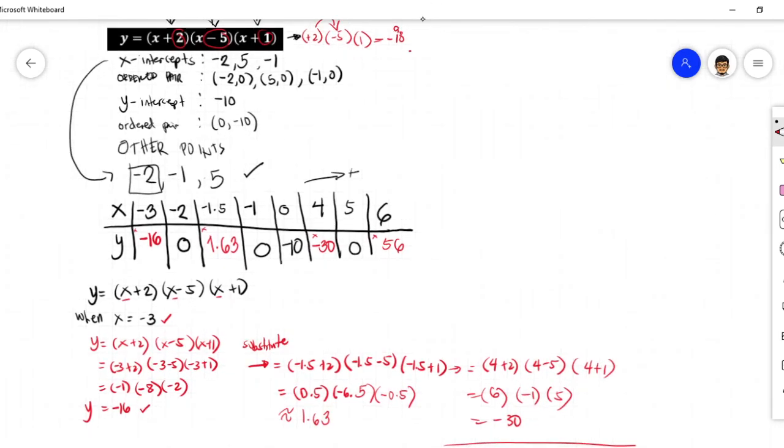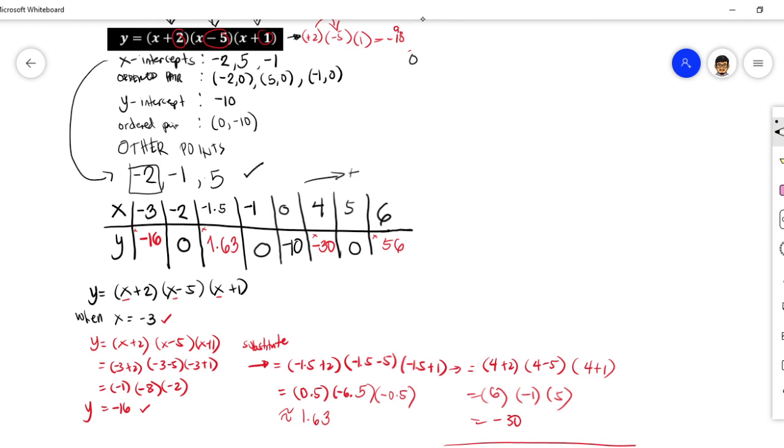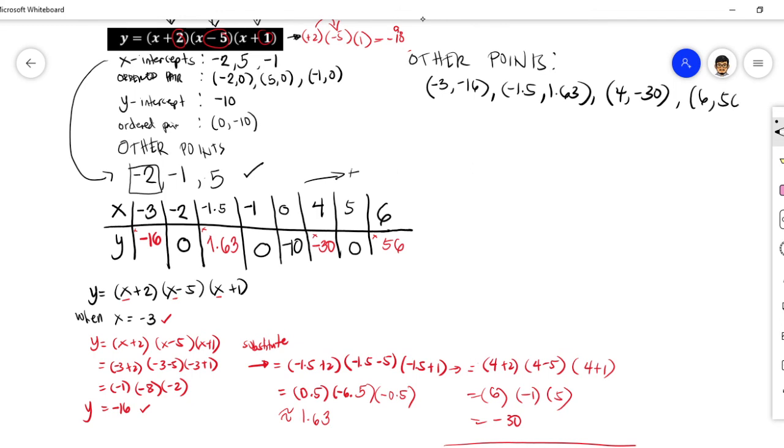Other points: negative 3, negative 16; negative 1.5, 1.63; 4, negative 30; and 6, 56.